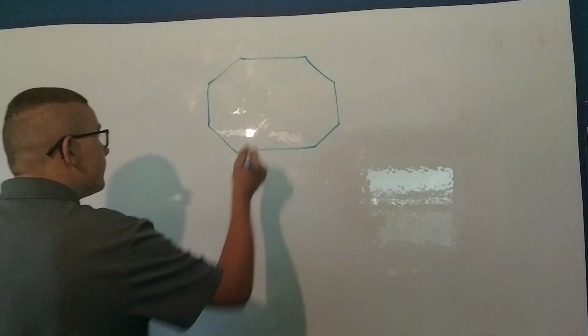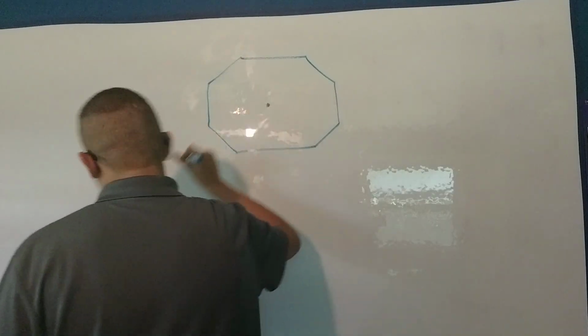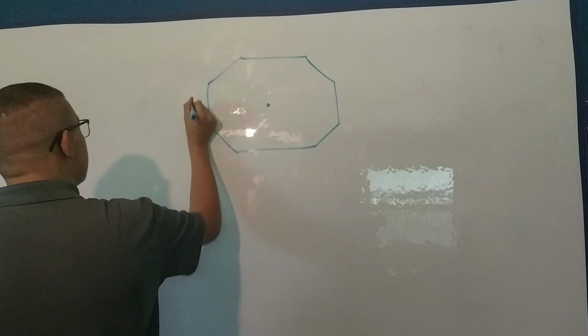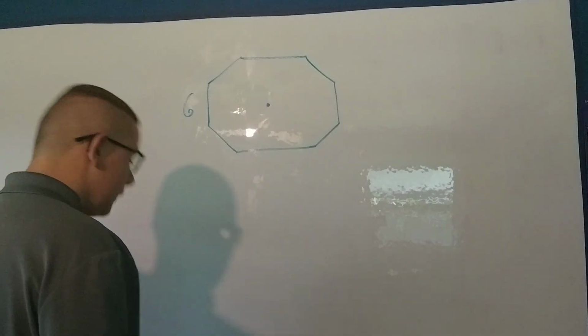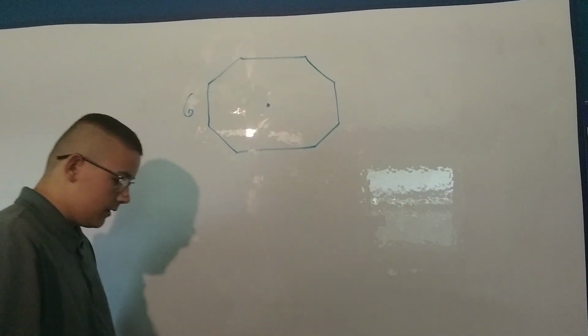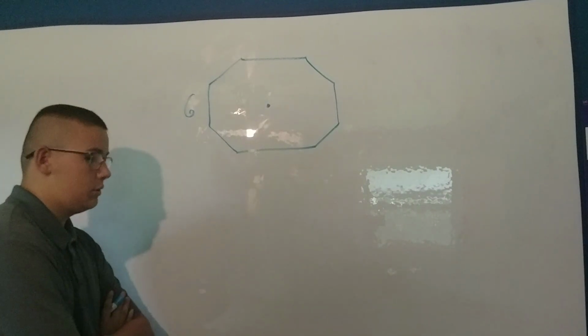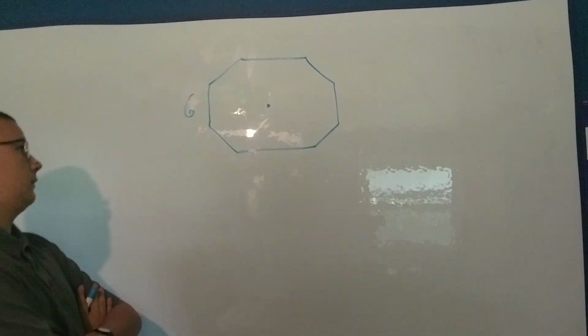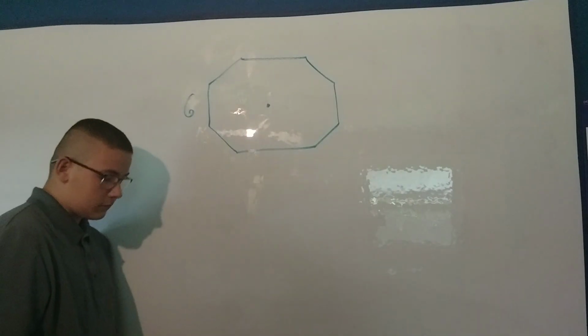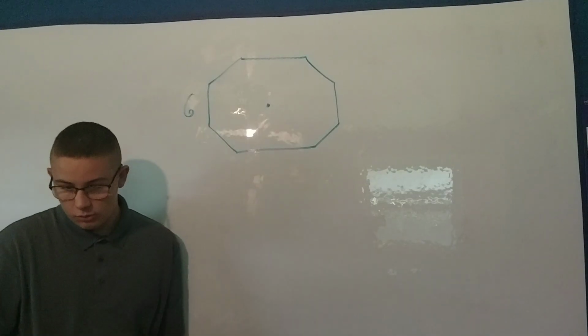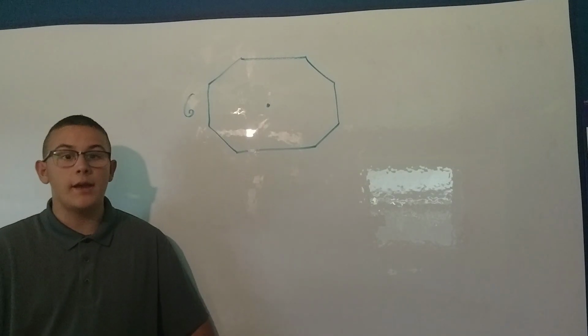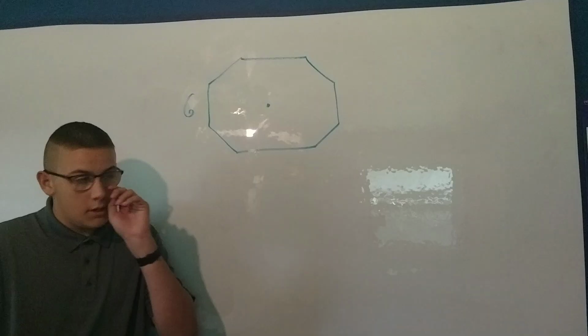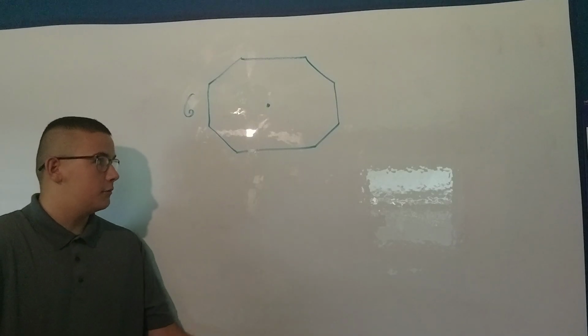It's good enough. And I tell you that one side is 6 units, and I want you to solve for the area. So pause it, do that. Okay? So first we want to find all of the angles in the shape.